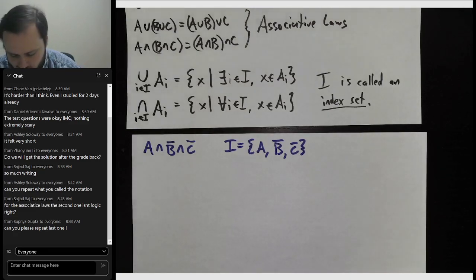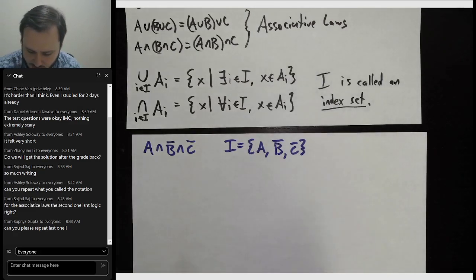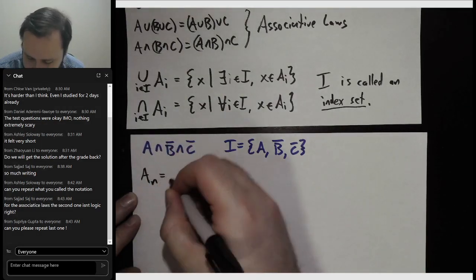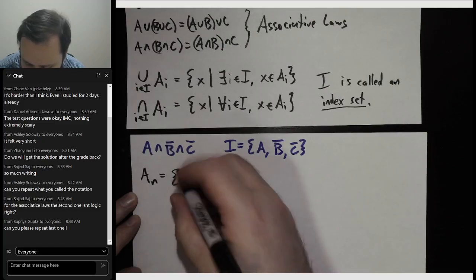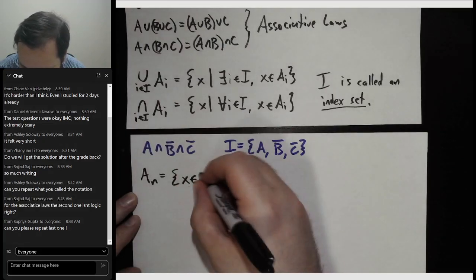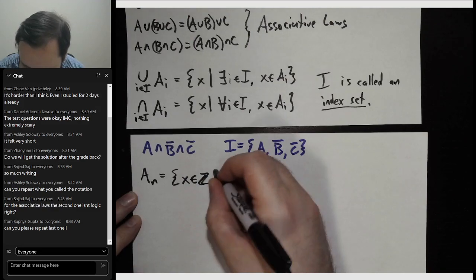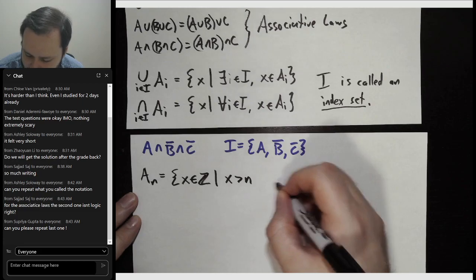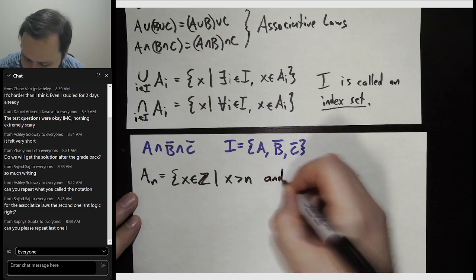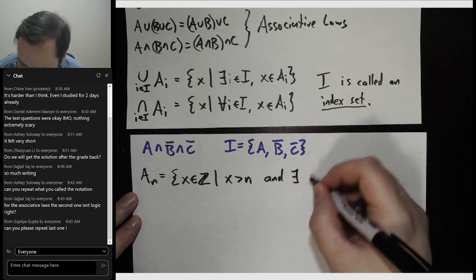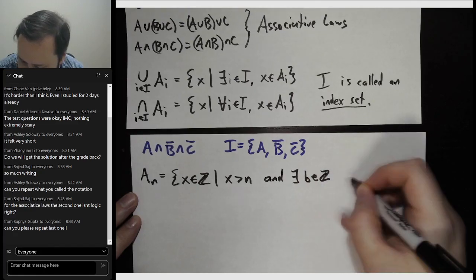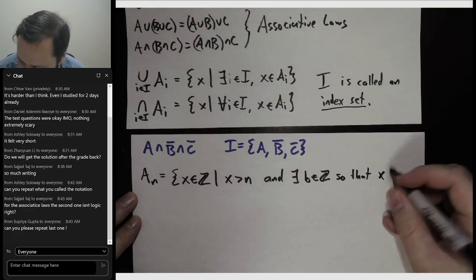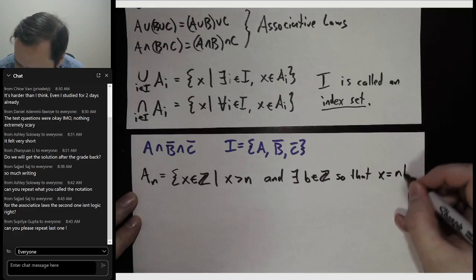So I want to do an example now. A sub n is going to be the set of integers x such that x is bigger than n, and there exists b also in the integers so that x is equal to n times b.